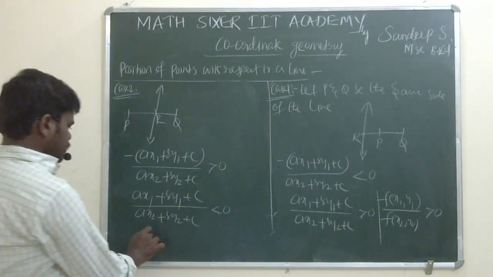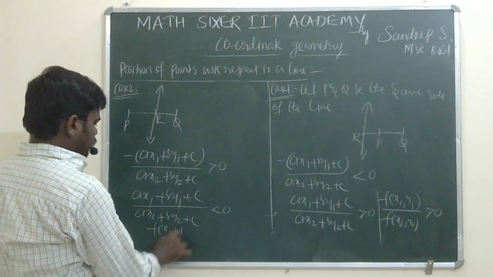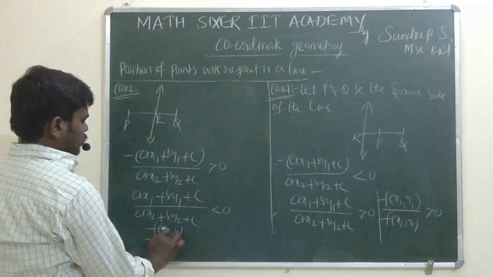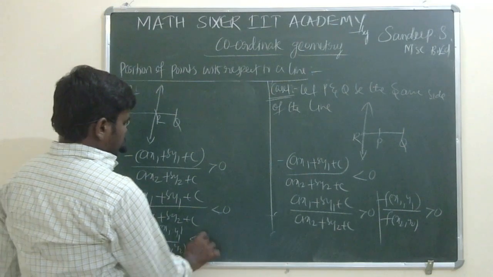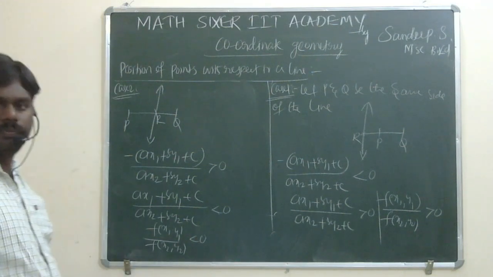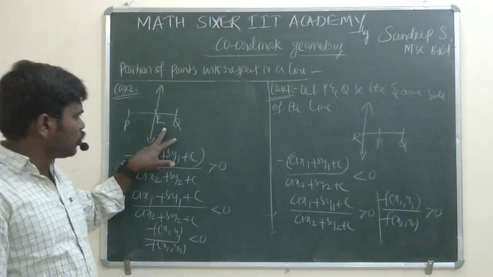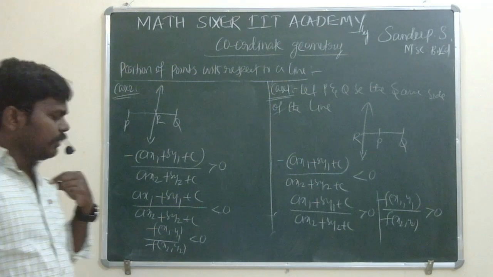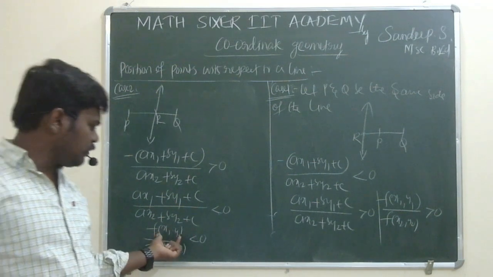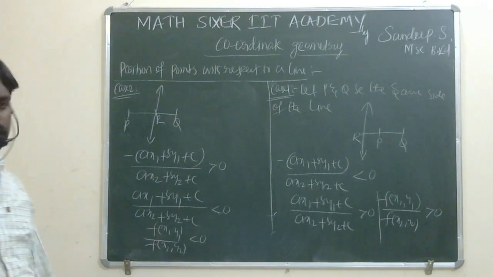So we can write this as f of x1 comma y1 divided by f of x2 comma y2 is less than 0. So when the two points are on either side of the straight line, the condition is f of x1, y1 by f of x2, y2 is less than 0.